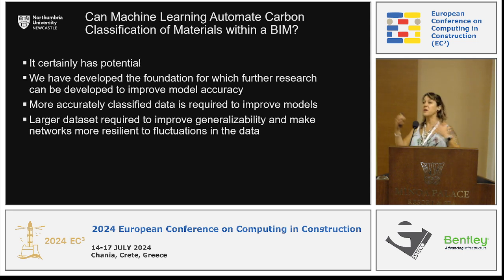We need bigger data sets to make it more generalizable. We could really do with the test data and training data being more classified, to give us a better trained model. So there's certainly a lot of work to do to validate and verify these results.